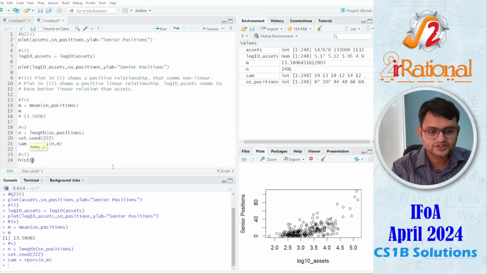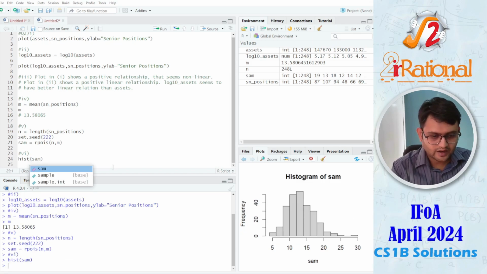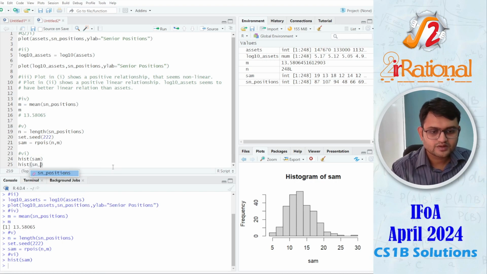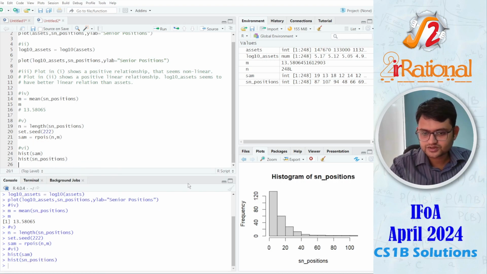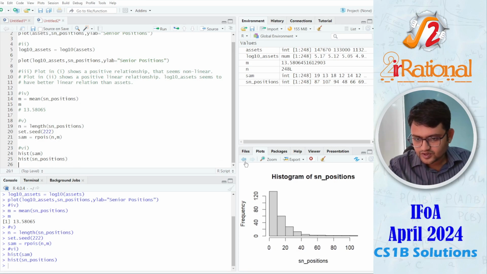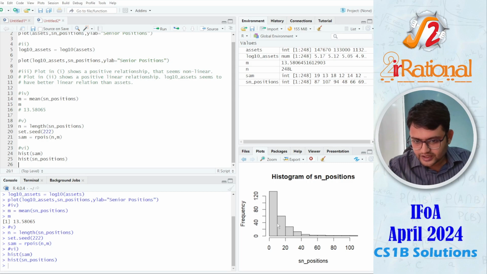So hist for sam and hist for SN positions. Clearly they are very different graphs. The scale of SN positions is going from 0 to 110. Here the scale is from 0 to 30.